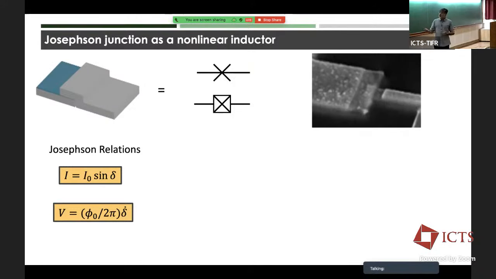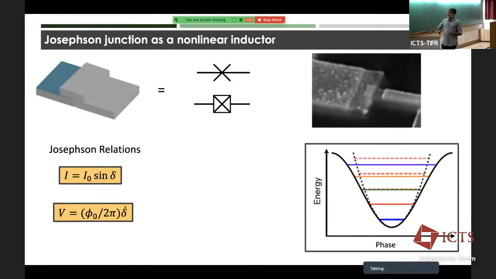Okay? So when you now take these two terms and try to connect them with an electrical element whose properties might look similar, maybe before that, I should point out this picture here of the tunnel junction. These are aluminum films, and the overlap region here is where the junction is formed.